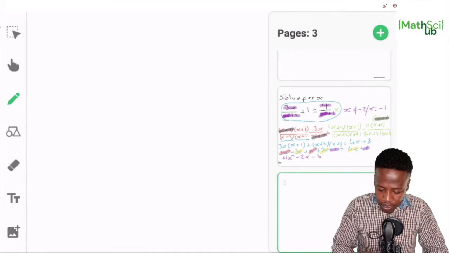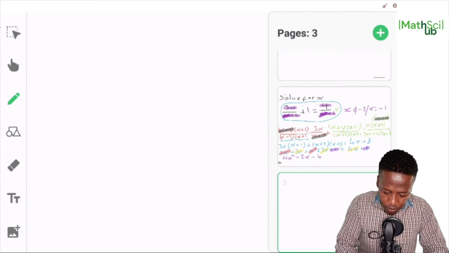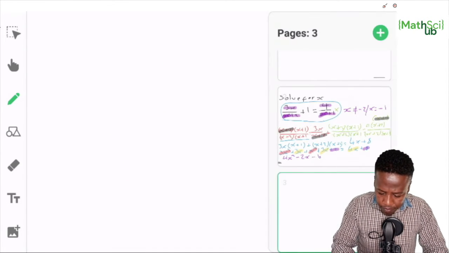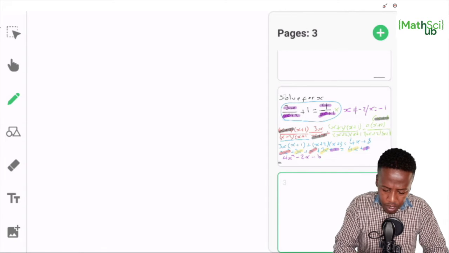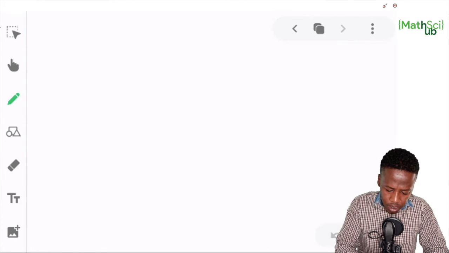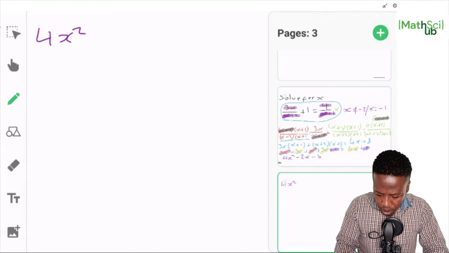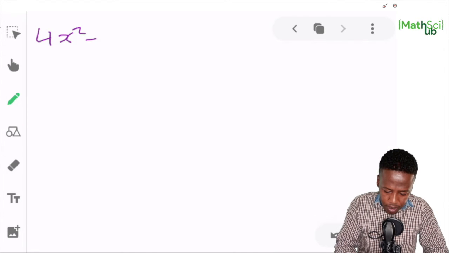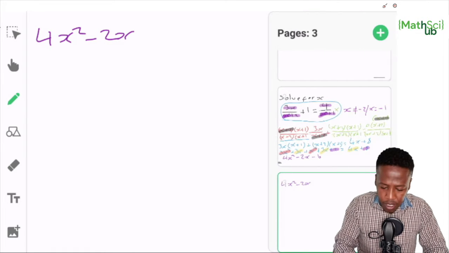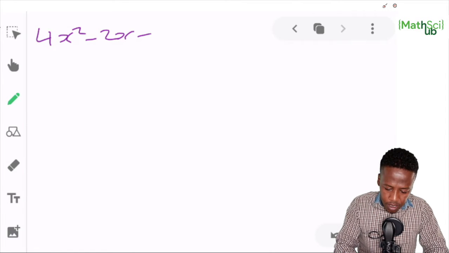I'm just going to rewrite the last part of our expression here. It's 4x squared minus 2x, is it plus 6 or minus 6? It's minus 6.